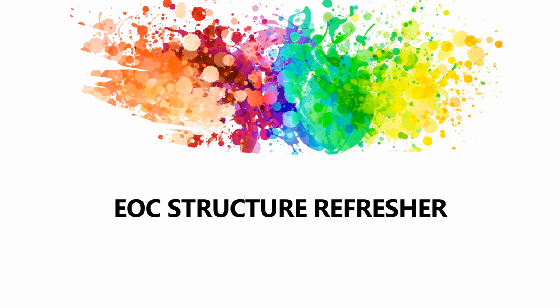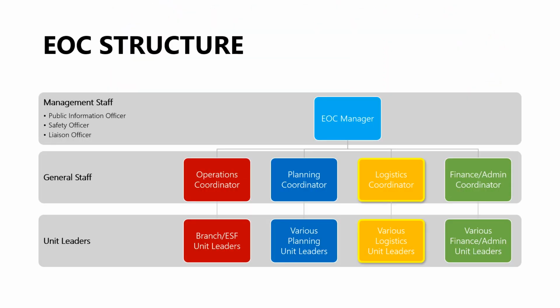Let's do a quick refresher of the EOC structure that we talked about in EOC 101. So there are 5 functions within the EOC: management, operations, planning, logistics, and finance admin. This is a NIMS and ICS concept, so therefore it's mirrored at every level of response, locally to state.